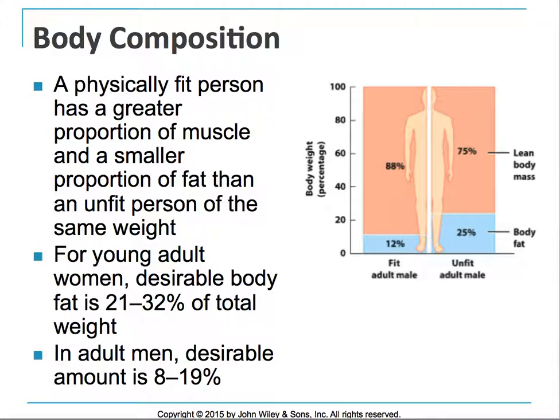Now, the diagram on the right is comparing a fit adult male to an unfit adult male, and you can see how the adult male that's considered to be fit has a much lower percentage of body fat and higher lean body mass than an unfit individual.